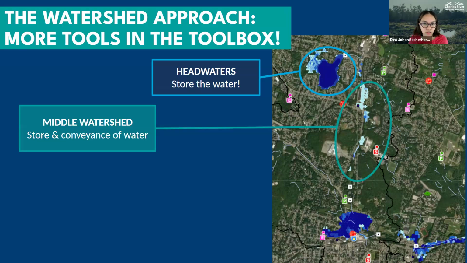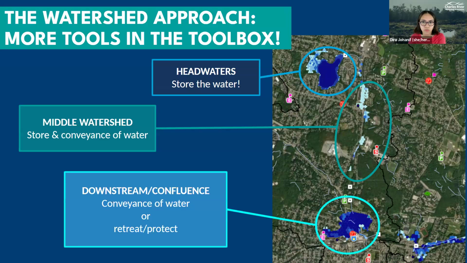In the middle, you can look to store more water or adapt how water is conveyed moving downstream. And in the lower watershed, where it is more urban or dense, we can consider how to move water away from properties and people. This is really the basis of the modeling designs and results you'll hear about tonight.